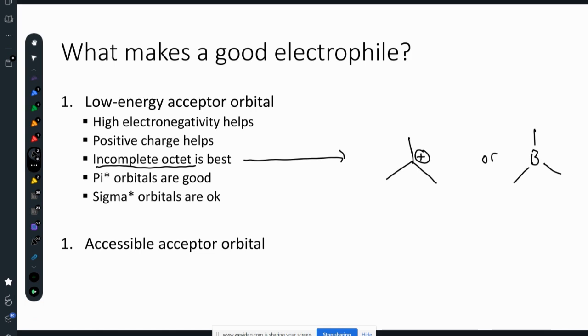And if you haven't done Module 10, you might not quite understand what the orbitals that I'm talking about here. But the bottom line is pi star, these would be when you have a pi bond. These are what we call antibonding orbitals.